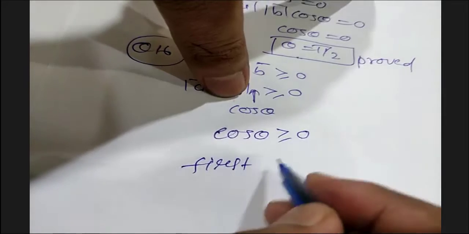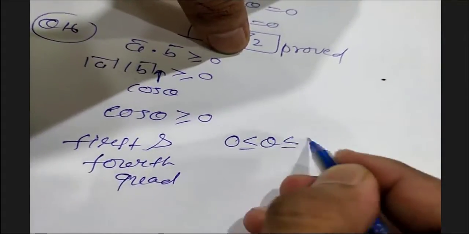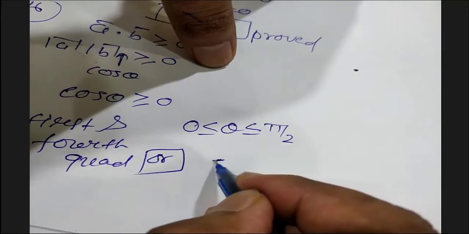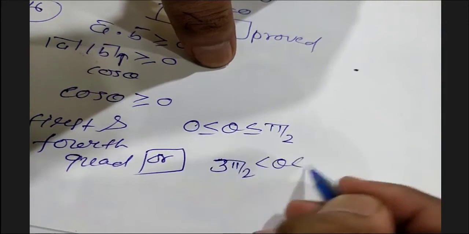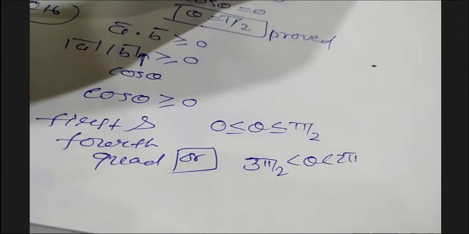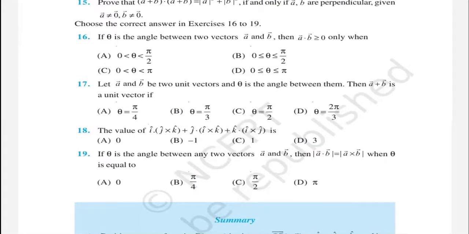This is the first and fourth quadrant, so theta must be between 0 to pi by 2, or 3 pi by 2 to 2 pi. Let's see which one is given. In the question, option B is 0 to pi by 2.